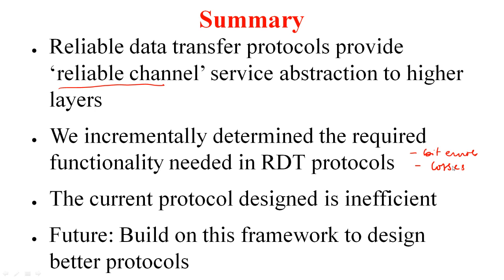And we saw that we need many functionalities: error detection, we need receiver feedback, we need sequence numbers, and so forth. The current protocol, while it works correctly, is still inefficient. So in the future, we are going to build on this framework. In other words, we will use all these functionalities that we developed, but we are going to make the protocol more efficient. So that's in the next video.